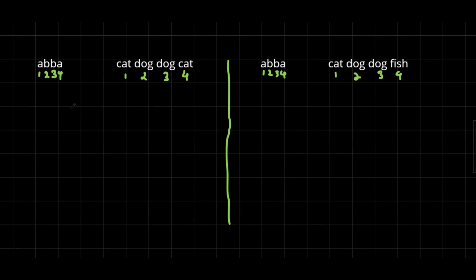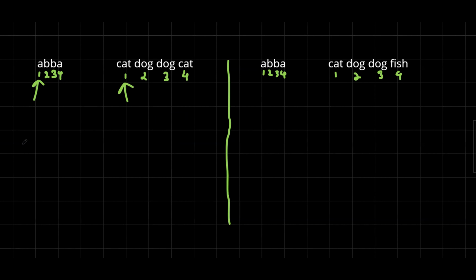Suppose currently we are at these positions. Our pointer is indicating the first element of the pattern, which is a, and our pointer is indicating the first word, which is dog.